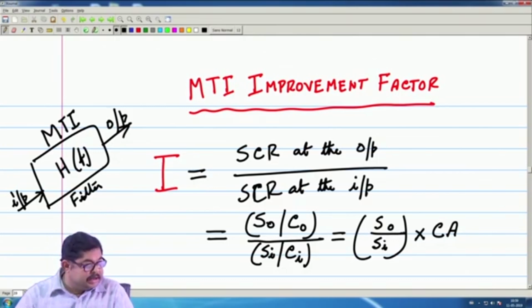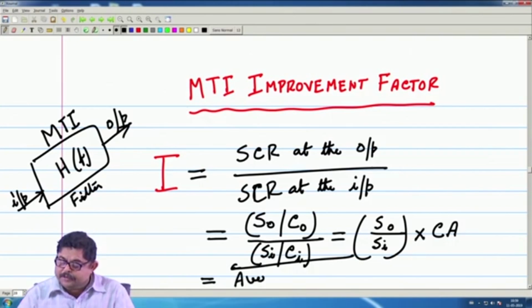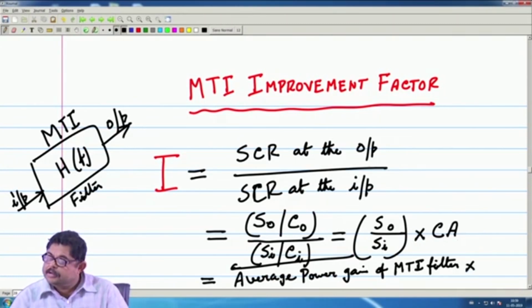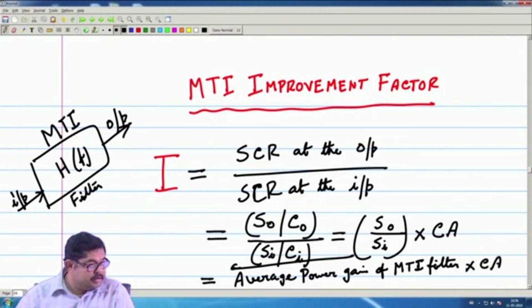I can say that this is the average power gain of the MTI filter, and this is the clutter attenuation.